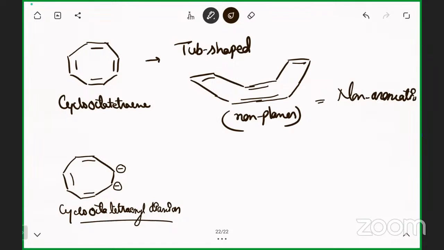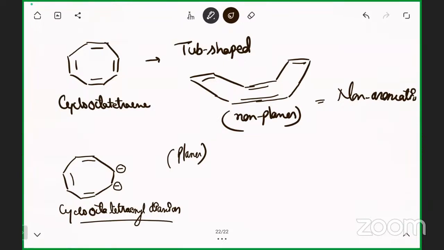So this particular compound became planar now just because of the negative charge. Now tell me how many electron system and what is the condition? Is this aromatic or non-aromatic?